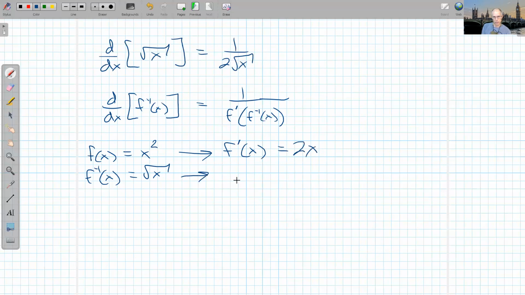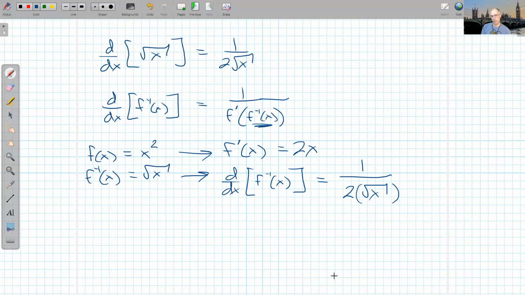The inverse function theorem says to take the derivative of the inverse function, we go 1 over the derivative of the original function, and then we replace x with the inverse function. And my inverse is the square root of x. And boom, there it is.